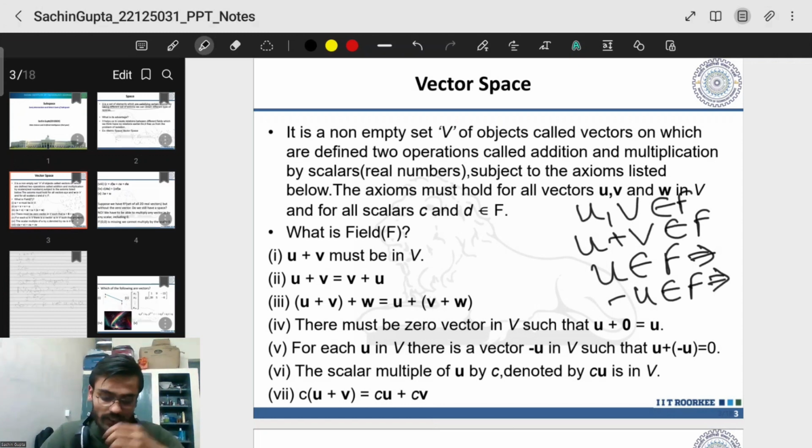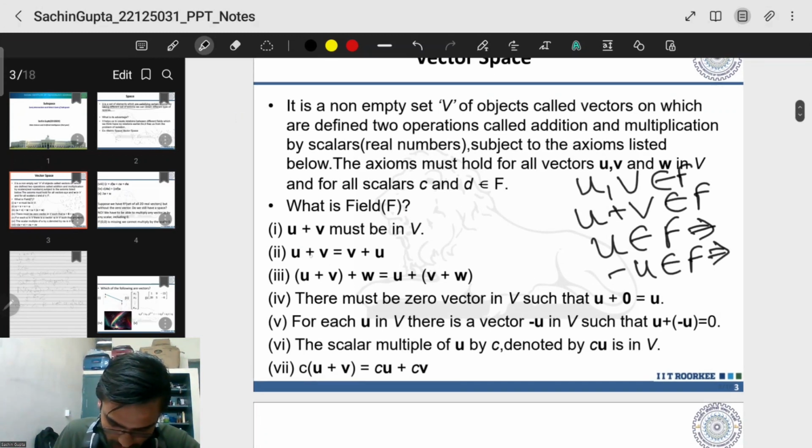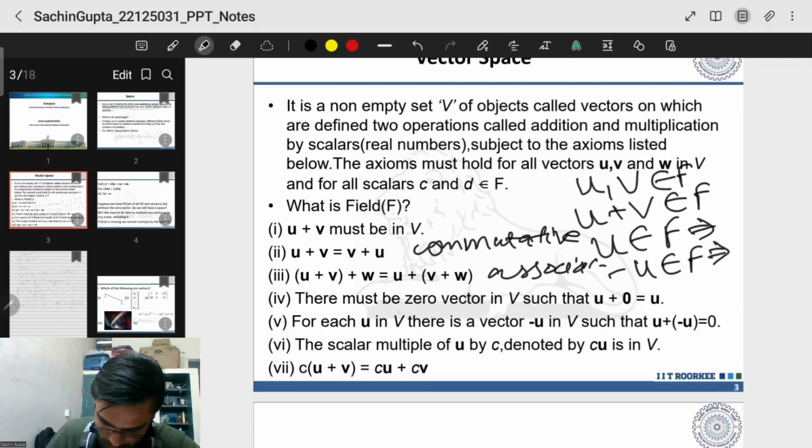So for a vector space, if u belongs to V and v belongs to V, then u plus v also belongs to V. Also u plus v is equal to v plus u, which is commutative, and addition is associative. There must be a zero vector. Why, we will talk about later.